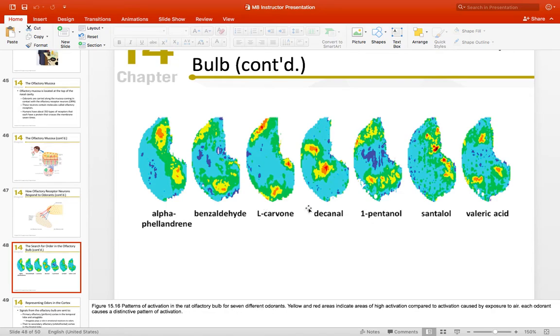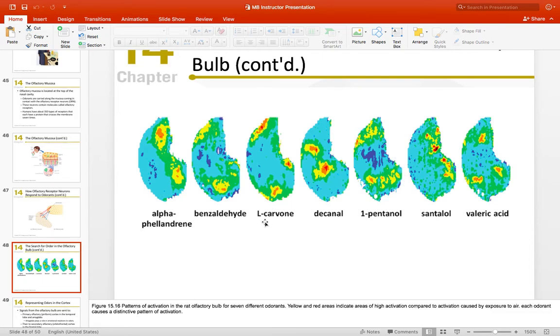Different odorants shown here on the bottom produced relatively distinct patterns of activation within the olfactory bulb. The olfactory bulb is part of the brain, essentially part of the olfactory cortex of the animal. Rats are used, by the way, because they have a very large olfactory bulb, much bigger than humans. Rats use their sense of smell quite a bit more than we do. That's why when you see rats, they're sniffing constantly. But anyhow, these patterns of activation seem to be important.